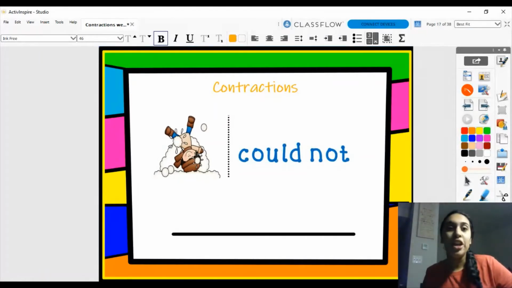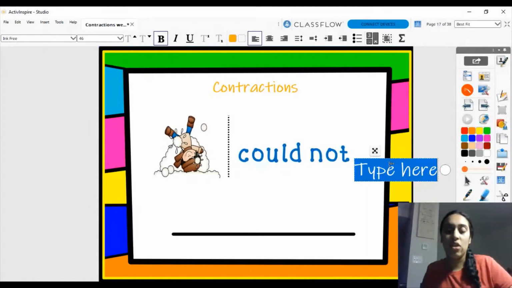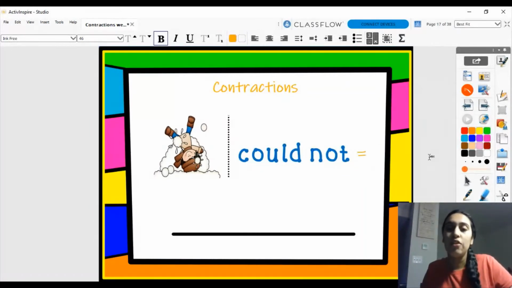Here we have the word could not. Go ahead and write this word down on your paper. Write an equal sign next to it. And let's think about that rule, right? How to form the contraction. We're going to keep the verb the same. So could, let's go ahead and write could down.